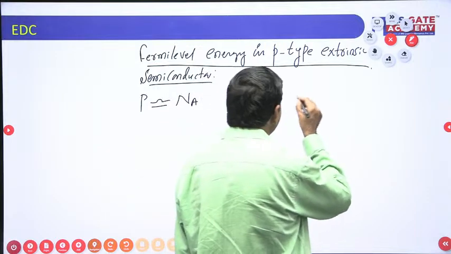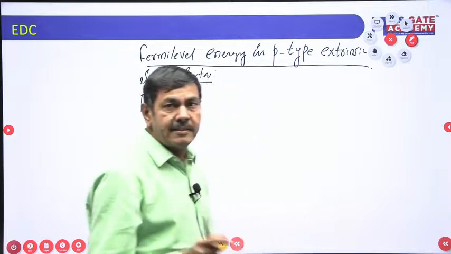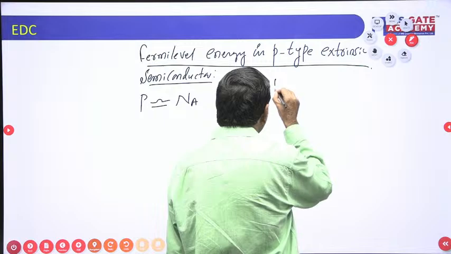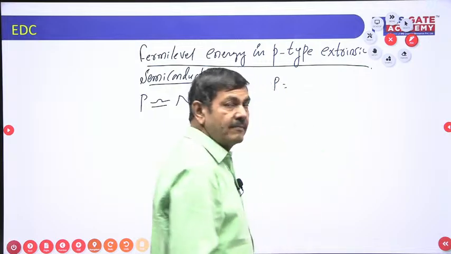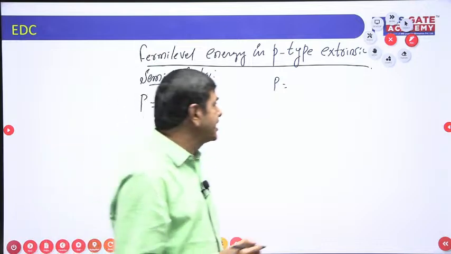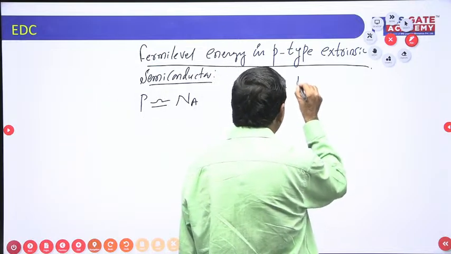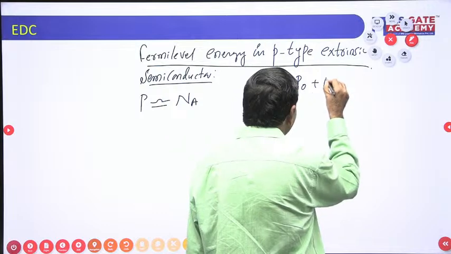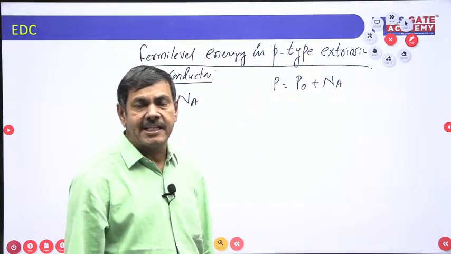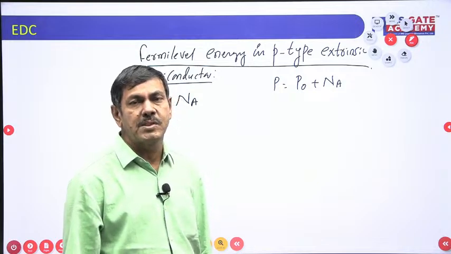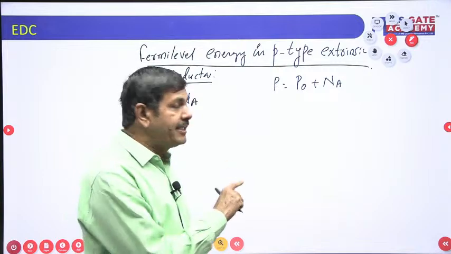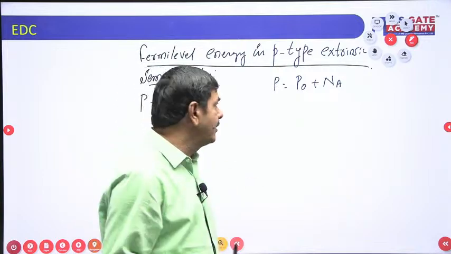But I said already, in the p-type extrinsic semiconductor, a trivalent atom is doped. Majority carriers are nothing but the holes. What is the concentration of holes existing in the p-type extrinsic semiconductor? You know very well: p equals p0 plus Na, where Na is the acceptor concentration, the holes formed because of the doping. p0 is the initial number of holes.